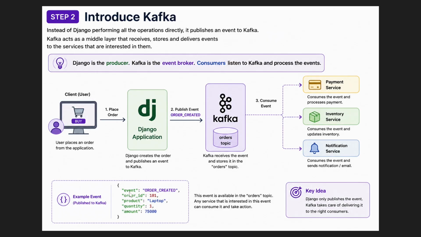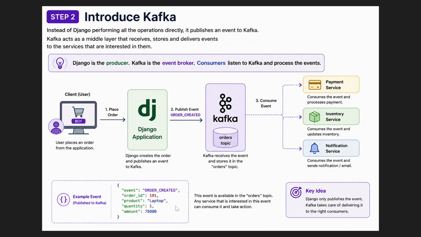It contains the event, order ID, product, quantity, and the amount. This is all the information that the order is created for this product, and these are the product details, that is, the quantity and amount. This is the type of information that our consumer will receive.